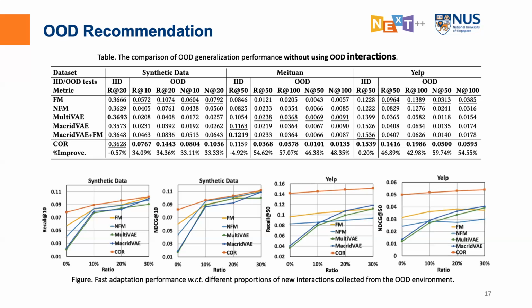We define the interactions before the user feature change as the ID environment, so we use these interactions for training and ID testing. For the interactions after the user feature changes, we define them as OOD interactions. In this table, we only use them for testing. And for this figure, we extract some of them for training. It's called new interactions. Okay, I understood. Yeah, that's really cool. Thanks. Other questions?